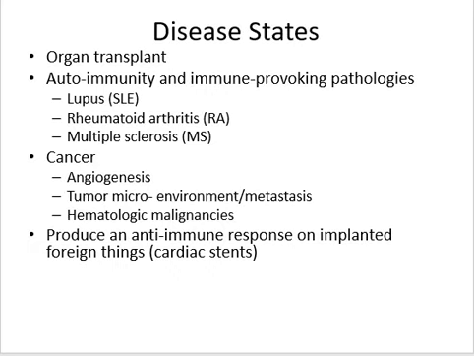Okay, so solid organ transplant is the most obvious. You'd want intense systemic immunosuppression to prevent graft versus host disease. Pathologies that have an autoimmunity or an immune-provoking component, which is actually a lot of them: lupus, rheumatoid arthritis, multiple sclerosis, and then there's obviously a few more.